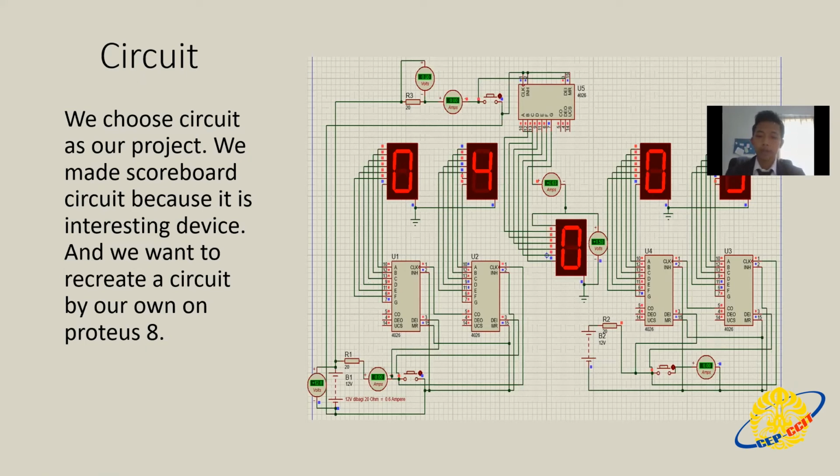As you can see, we've got 5 7-segment LED displays with the color red, and we've got 1, 2, and 3 resistors, 1, 2, and 3 buttons, and 2 batteries. And there are also 4 IC4026 that are each connected to their LED display.